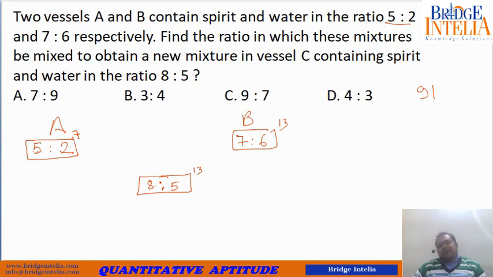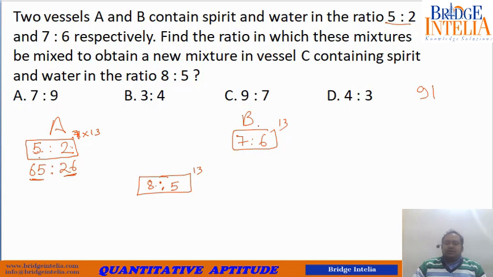91. So 7 into 13 is 91. So basically we'll have to multiply the terms of the ratio with 13. So 5:2 can also be written as 13 into 5, 65, is to 13 into 2, 26. Such that now if you add these terms, the terms add up to 91.